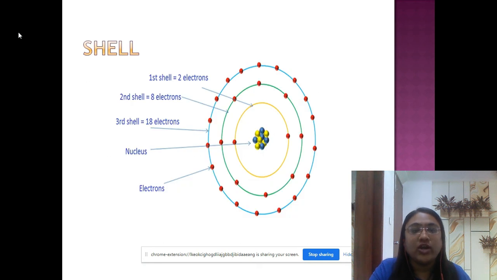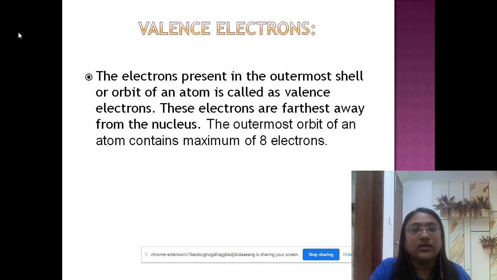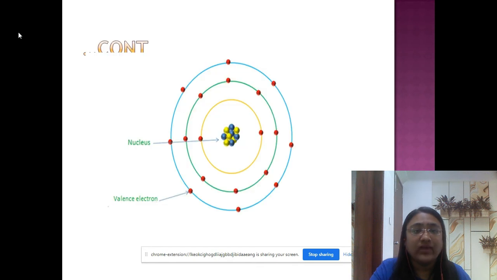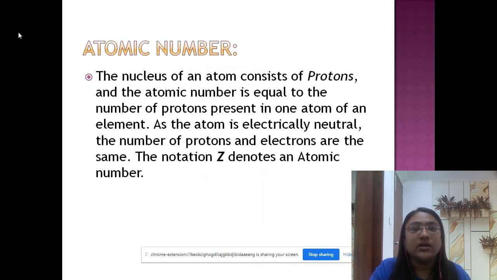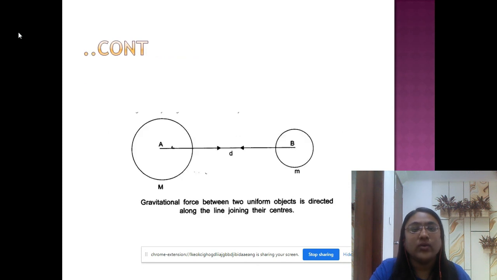After that, the shells of an atom, how many maximum electrons each shell contains, what the formula is, and how we can find the maximum electrons from it. After that, valence electrons, their importance and use. Then atomic number and how we can find it, and gravitation, how we can find the gravitation of two objects.